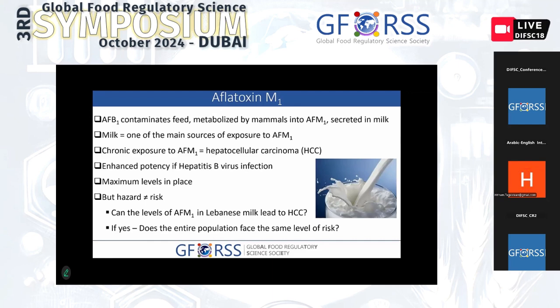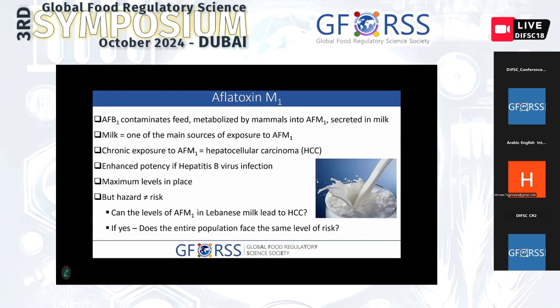Indeed, AFM1 is known for its carcinogenic properties, and its chronic consumption has been associated with the development of human hepatocellular carcinoma, so HCC. And the HCC potency of aflatoxin is enhanced in individuals with hepatitis B infection. Consequently, most countries have set maximum limits of AFM1 in food.